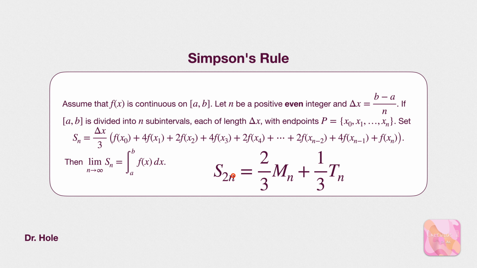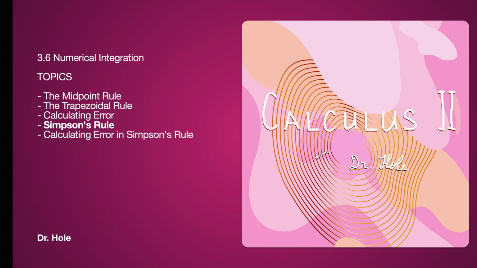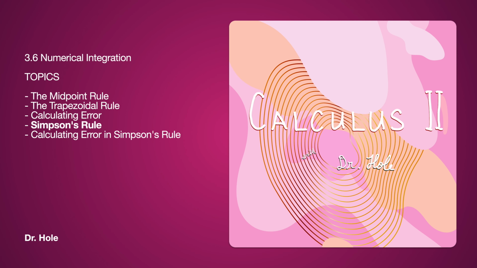Then with the index being 2n, the value given by Simpson's is 2/3 of m sub n, not 2n, but m sub n, and 1/3 of the trapezoidal rule for n. Let's do a quick example of that. So in our example, we'll also go over calculating area.